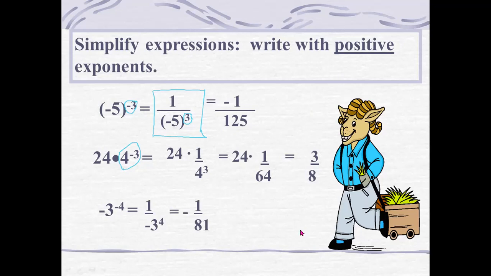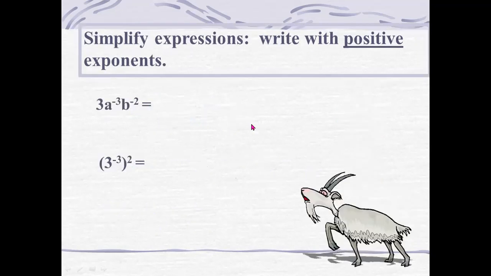Okay, so I just hope that you make it clear and you understand it very well. Simplify expressions with positive exponent. Take note, you have here positive 3, and you have the bases a and b raised to the power of negative.